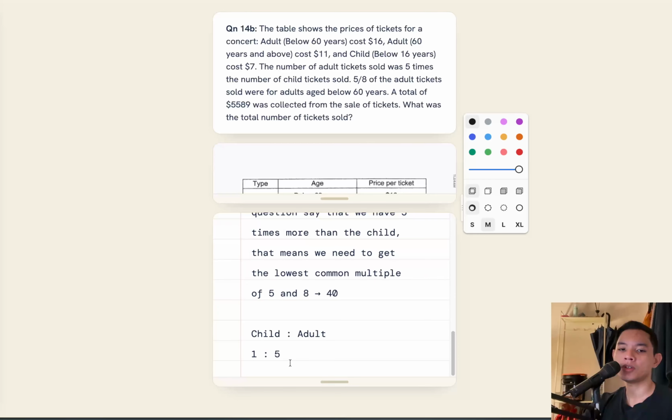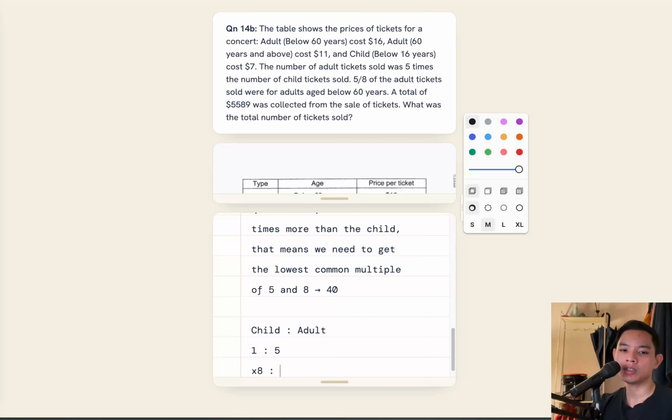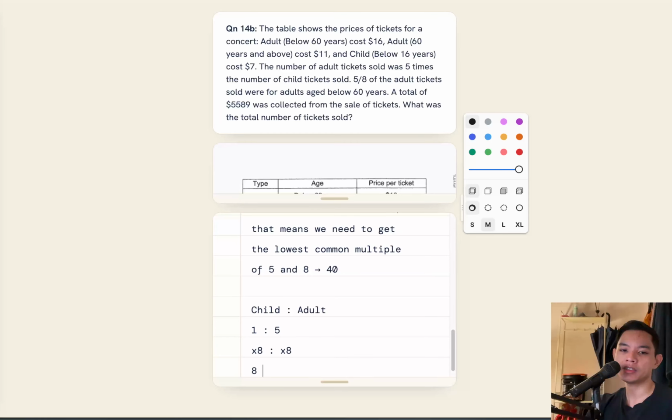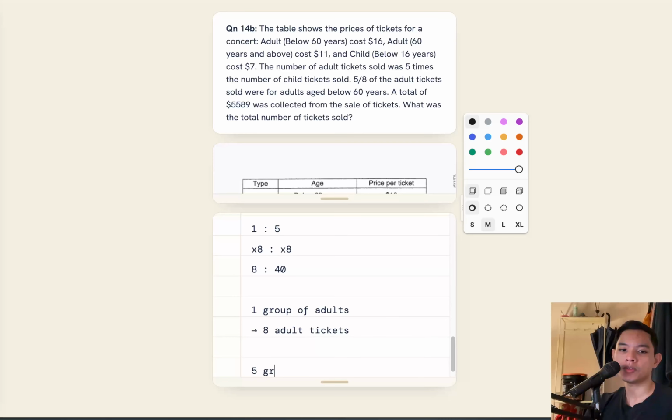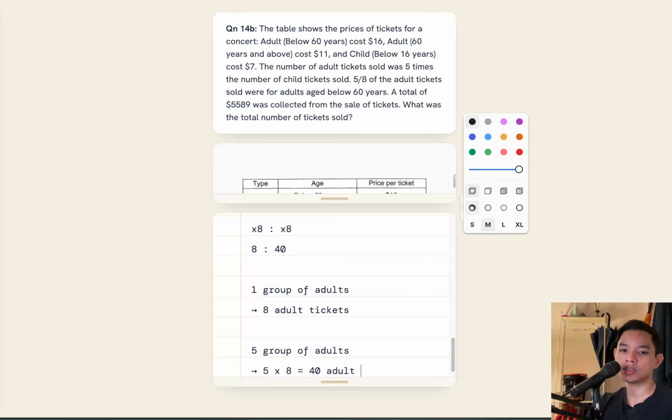So therefore, child tickets to adult tickets, we times 8 times 8. This will be 8 is to 40 tickets. So that means one group of adults is 8 adult tickets. 5 groups of adults equal to 5 times 8, which is 40 adult tickets.